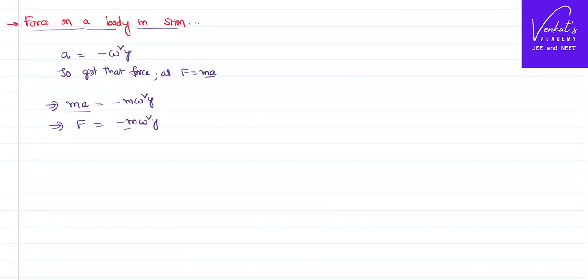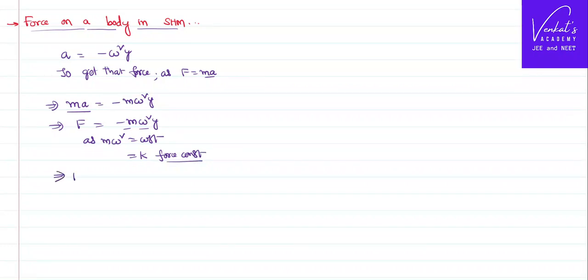So m is the mass of the particle, omega is the angular velocity. Both of them are constant for a given situation because we are talking about an omega that is of a uniform circular motion. So as m omega square is constant, that constant is shown with a k, which comes because of the force, so you call it the force constant.